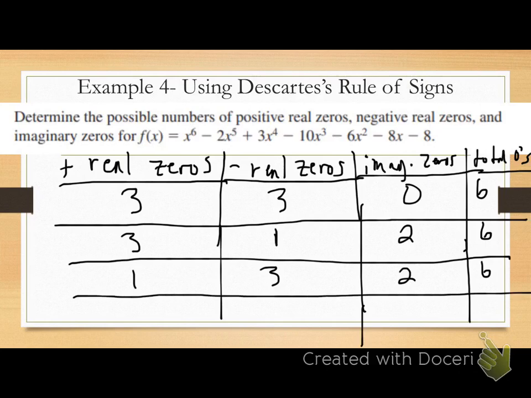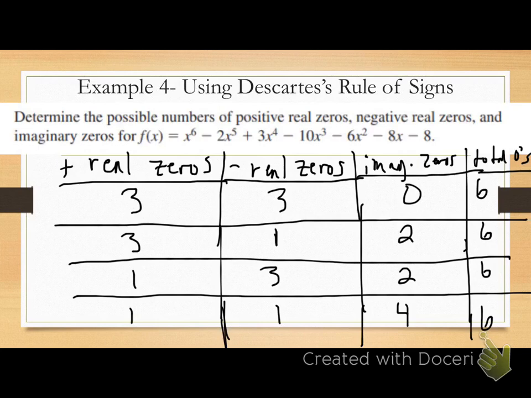So as you can see, I'm just writing all the possible combinations from what I got based on Descartes' rule of signs. So another possible outcome would be me having 1 positive real zero, 1 negative real zero. So that would mean I would have 4 imaginary zeros for a total of 6. And that's all my possible outcomes based on Descartes' rule of signs.